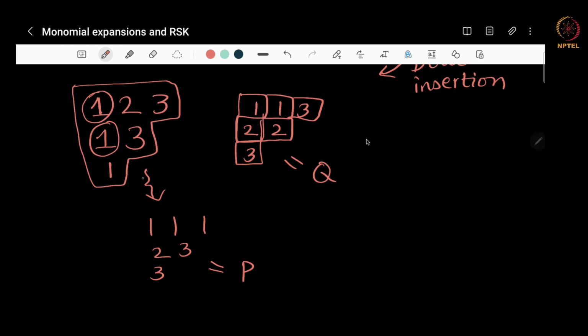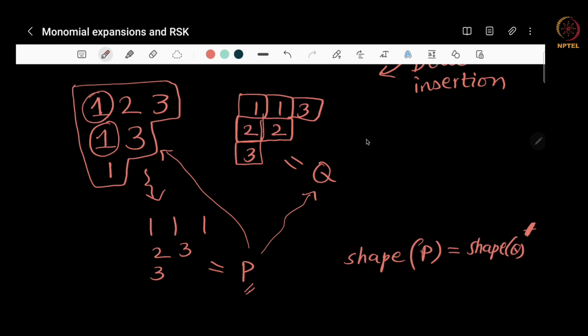But the very last step is when I take the transpose of the original matrix. So in general, in this case they are the same, the transpose and the original shapes, but P will be the transpose shape of the penultimate step shape. In other words, P will be the transpose of the shape of Q. So in general, shape of P will be shape of Q transpose.